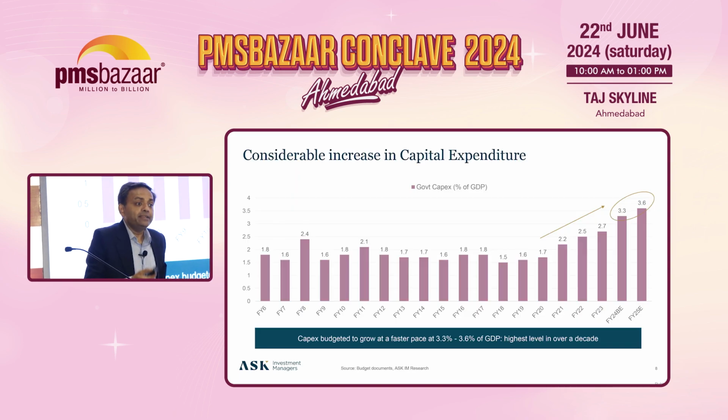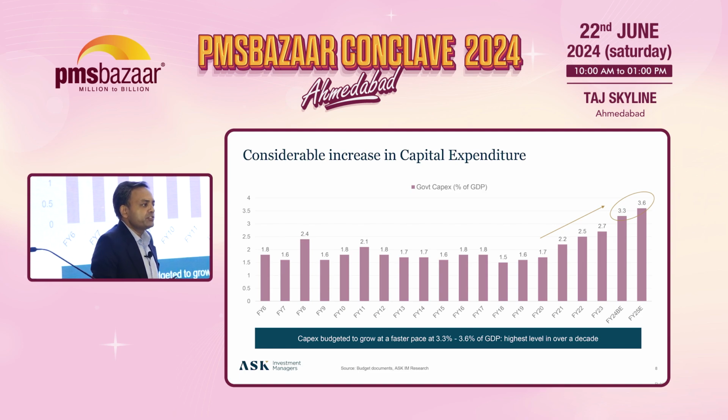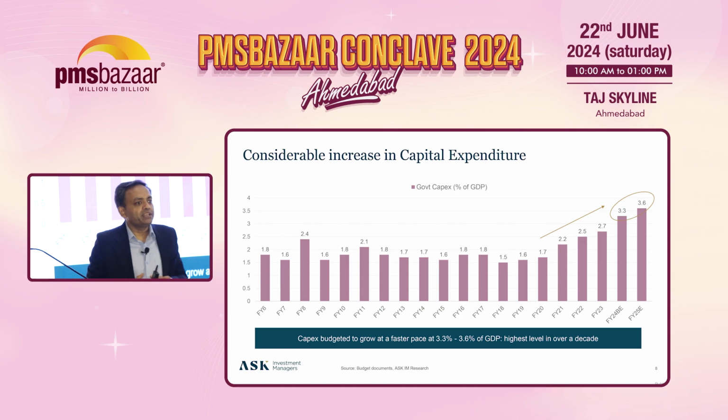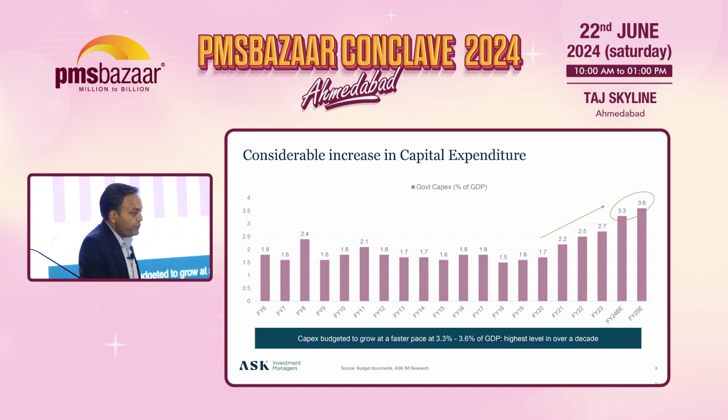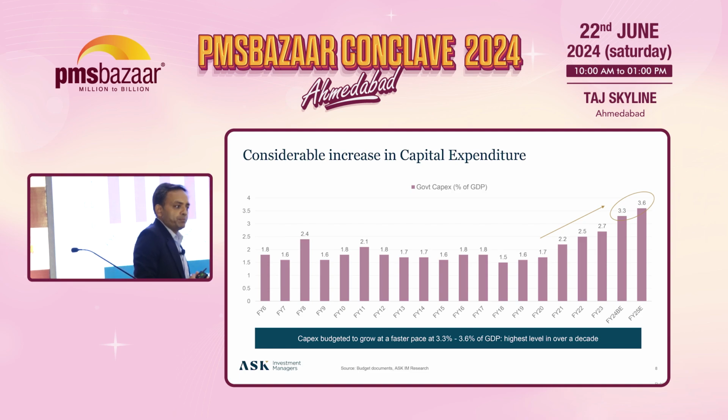And why these themes are in the high growth phase? This chart highlights the capital expenditure by the government of India as a percentage of GDP. If we look from 2006 to 2020, basically the range was around 1.6 to 1.8%.